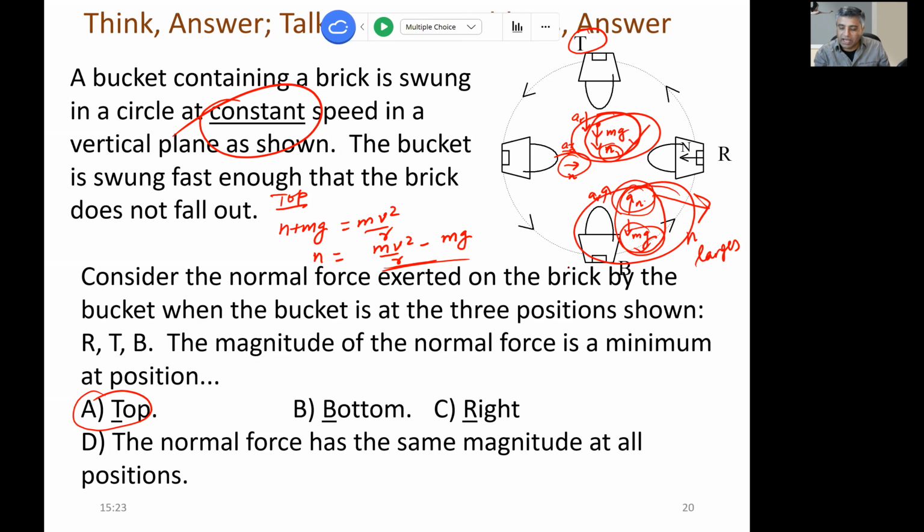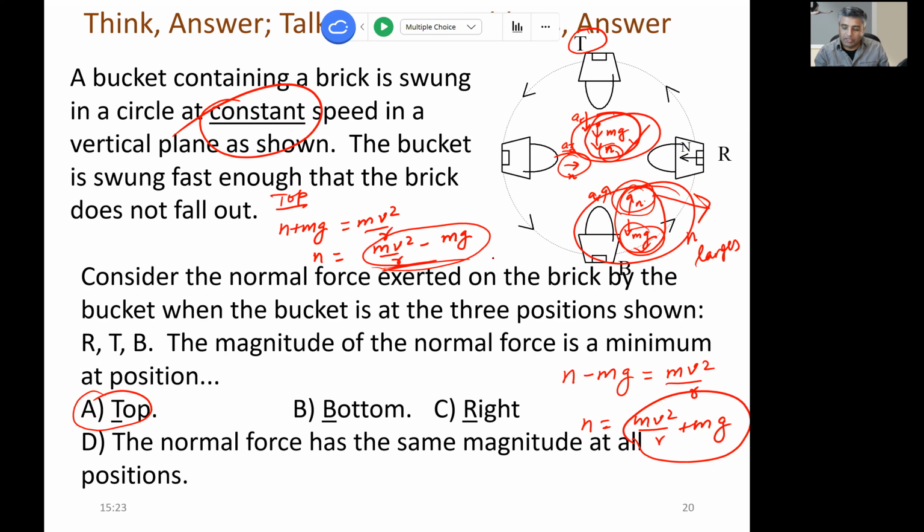If I come down here and write this similar equation, what do I get? N positive, but mg is negative, and that is providing the same v squared. So N is mv squared over r plus mg. See, normal is large here.